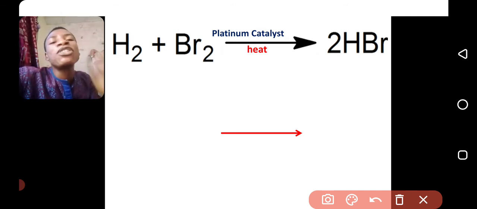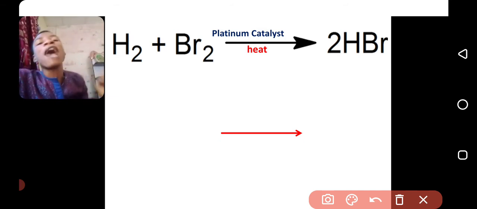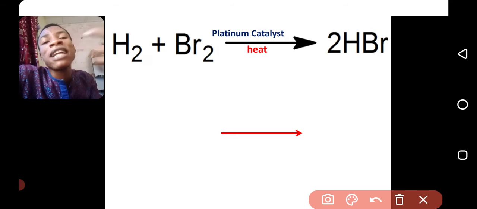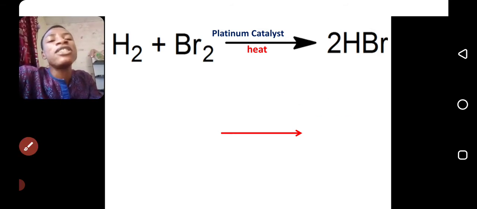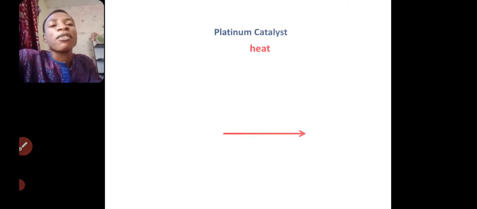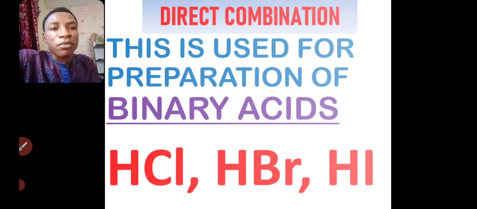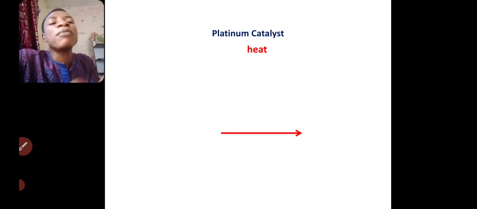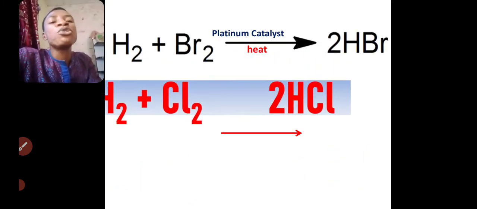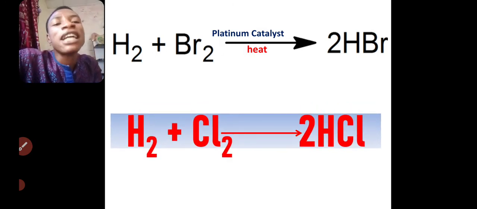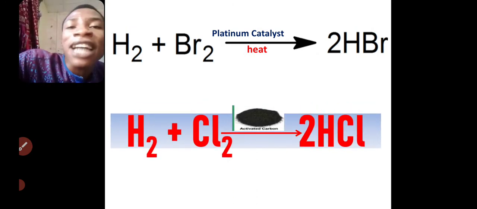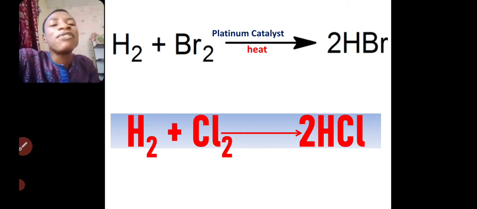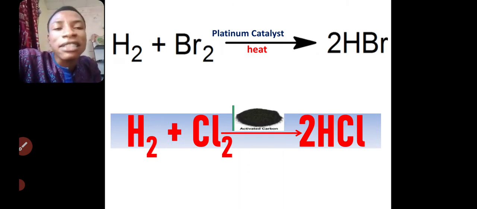Let's see hydrochloric acid also. How do I prepare it? Since it's a binary acid, I'm going to directly react the two elements together. I'm going to use a catalyst here, but in this case, I'll be using activated charcoal as the catalyst.